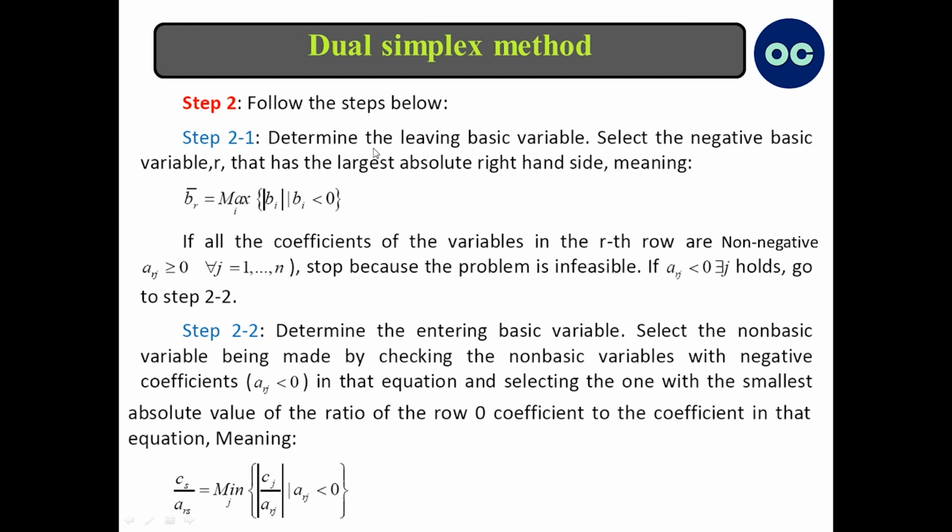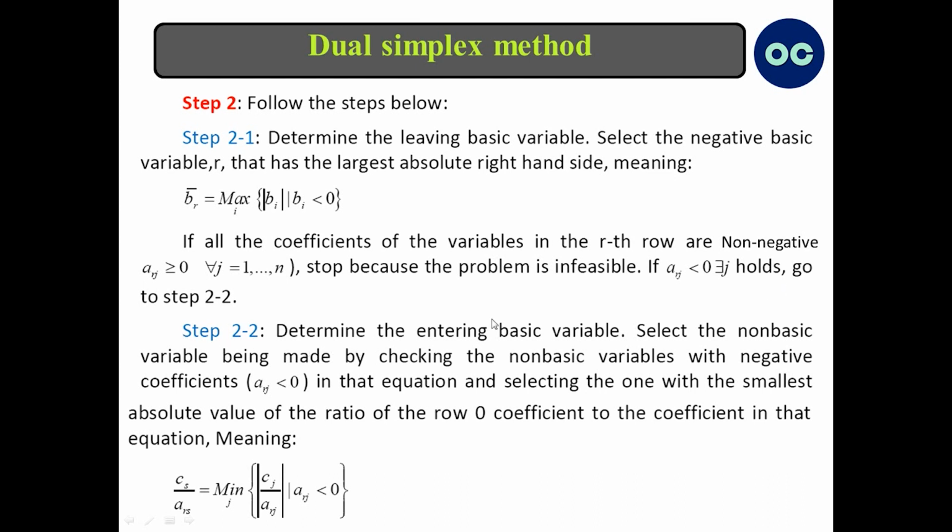Choose the negative basic variable in row R with the largest absolute right-hand side. If all coefficients in row R are non-negative, stop. The problem is infeasible. If there exists a negative coefficient Rij less than 0, go to step 2-2.